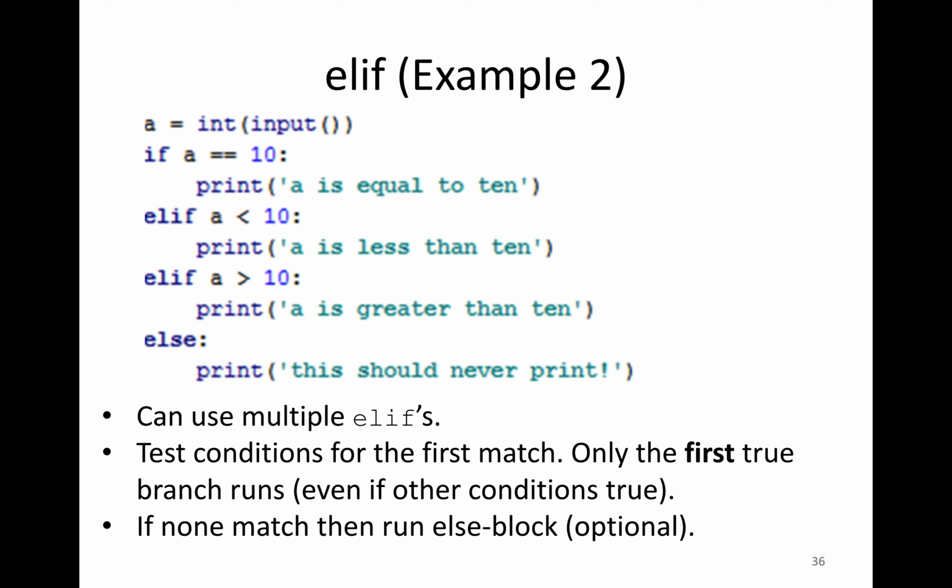Test conditions for the first match: only the first true branch runs, even if other conditions are true. So you have to be very careful with the logic. If A double equals 10, it prints A is equal to 10, and the other branches will not be executed.